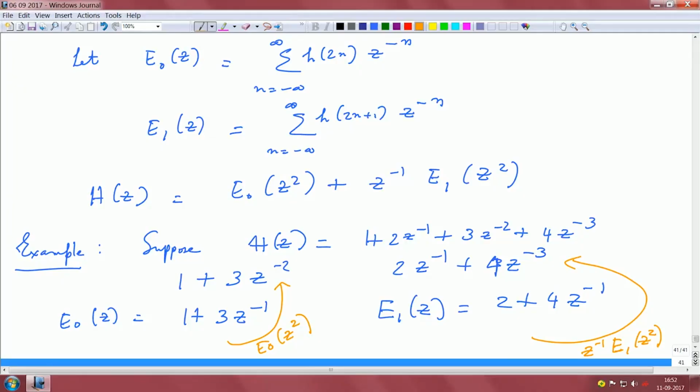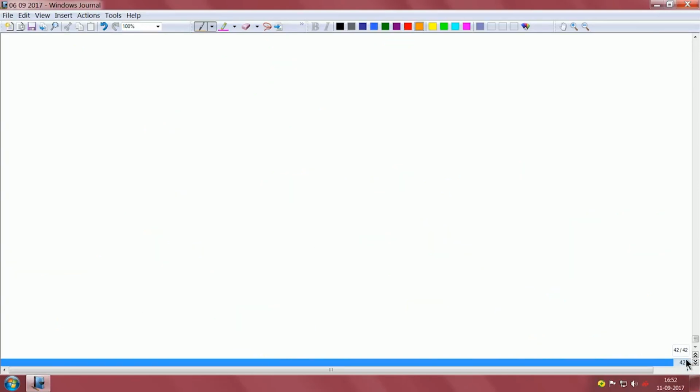So we looked into the case of FIR. This is the FIR case, finite impulse response. We can think about the scenario for the IIR case as well.